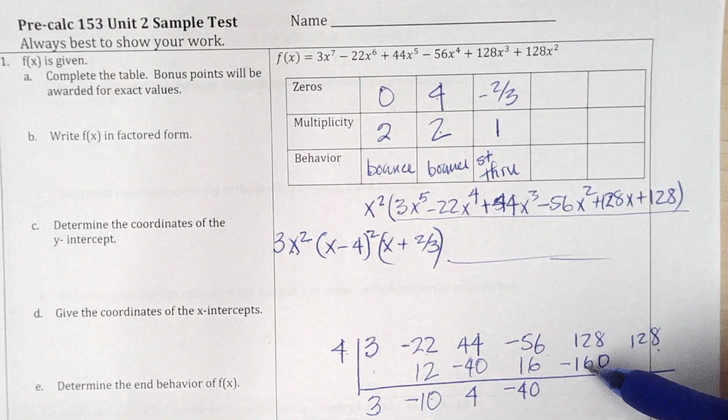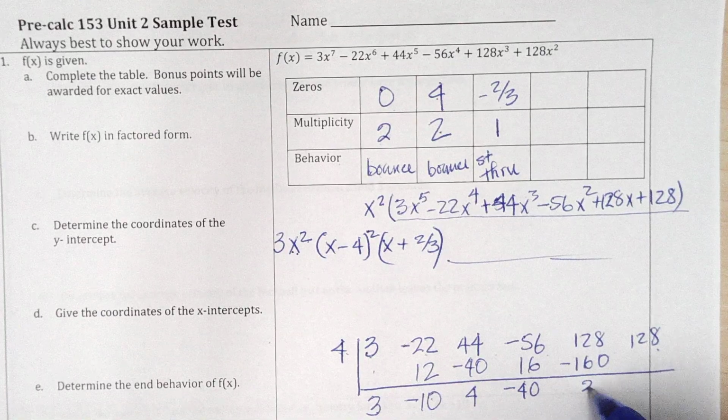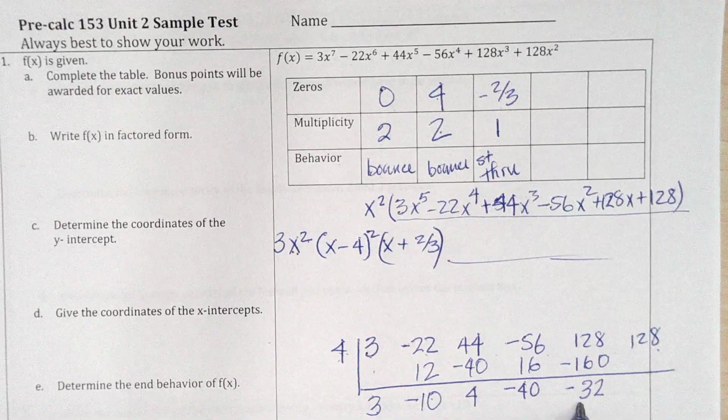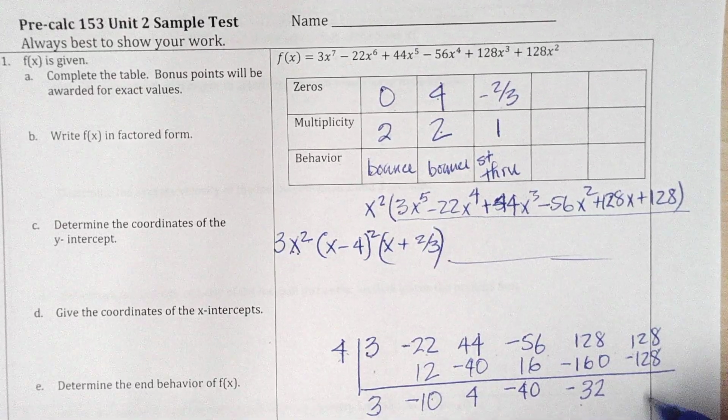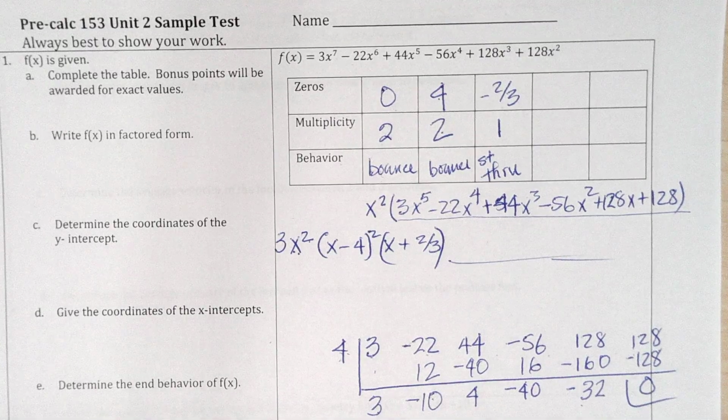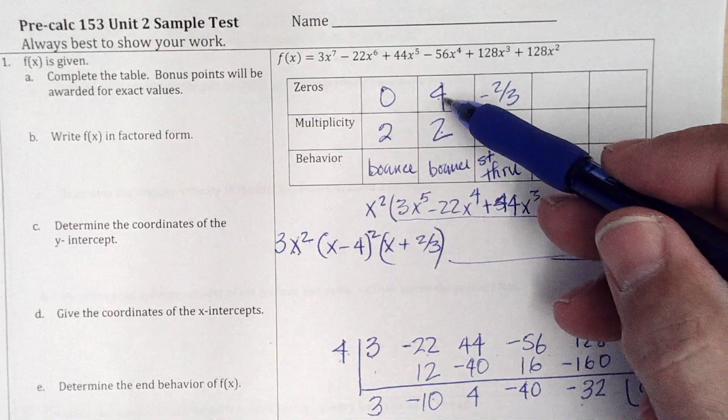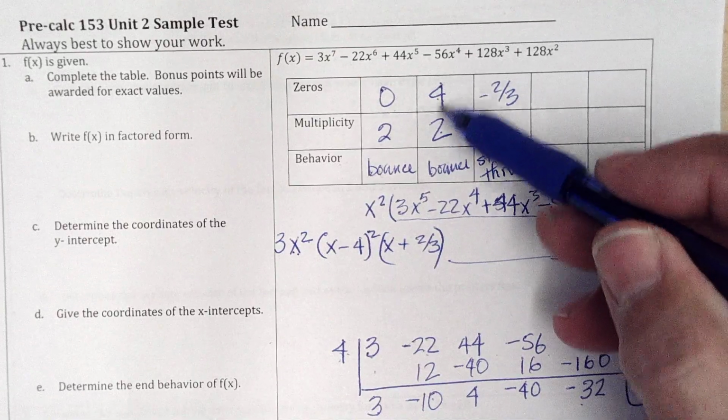Add, and I get 32 times negative 4 is negative 128. Add, and I get 0 for my remainder. So it went in evenly. And that's good because it looked like it went in evenly. And it looks like it goes in twice.